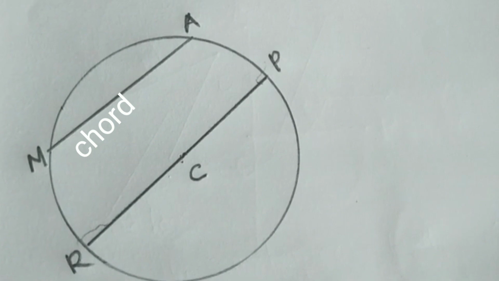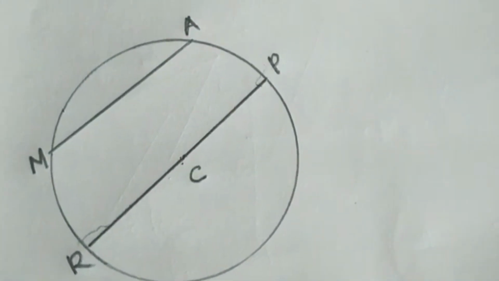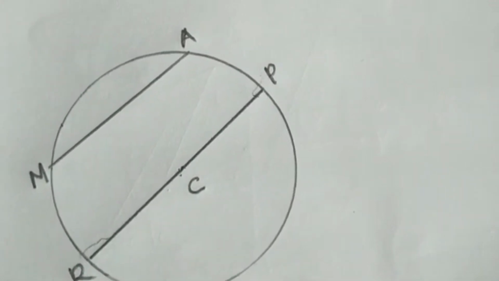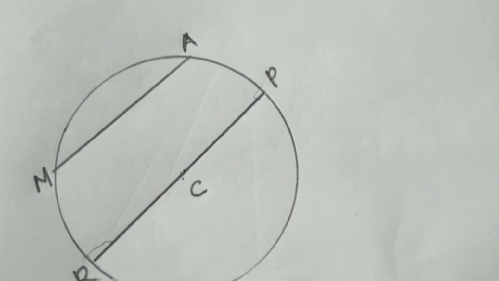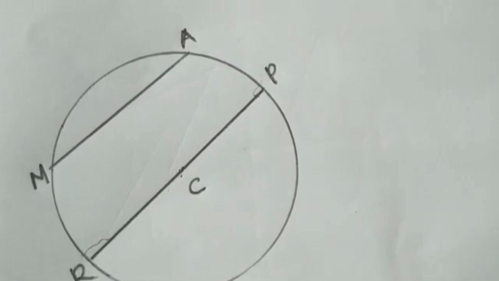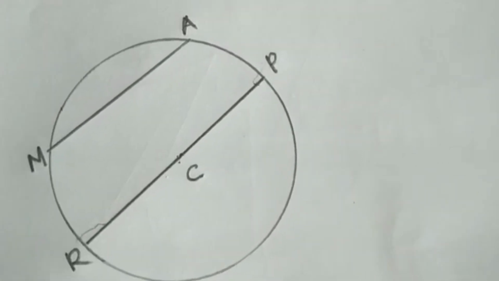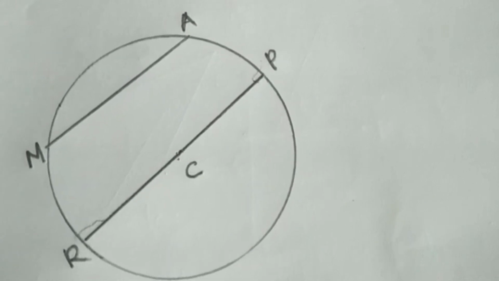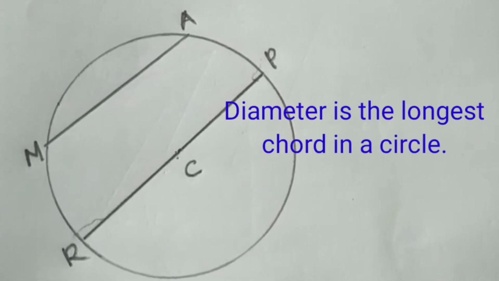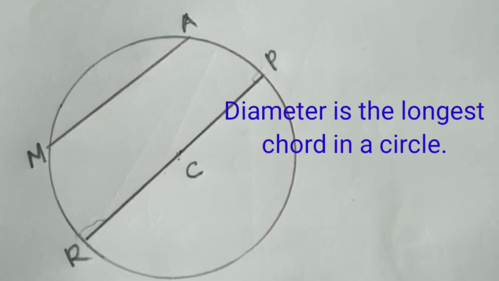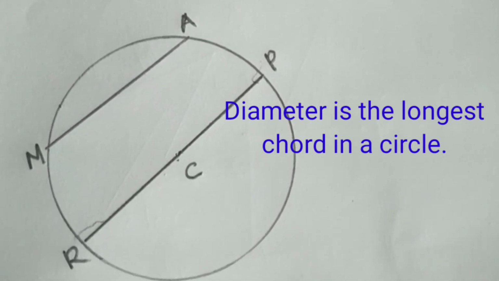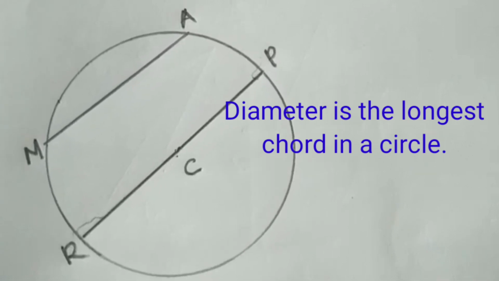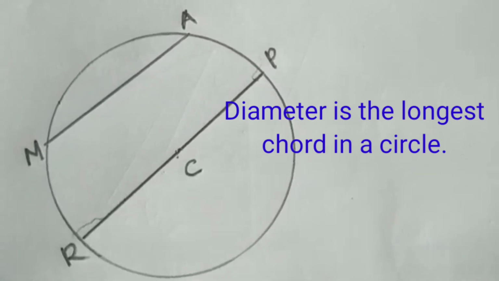But the diameter of the circle is the chord passing through the center. Diameter is the longest chord of the circle. Diameter is a chord, moreover it will be passing through the center of the circle. So it is the double of the radius and it is the longest chord of the circle. Understood?